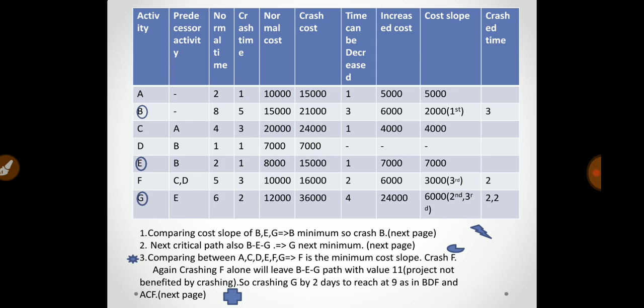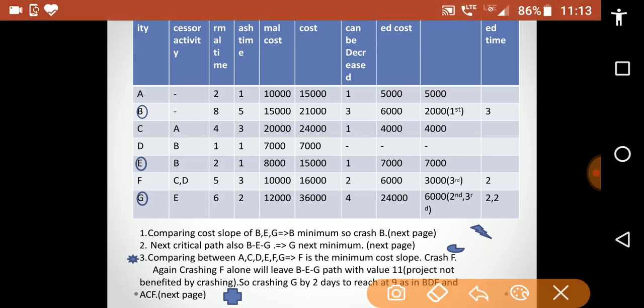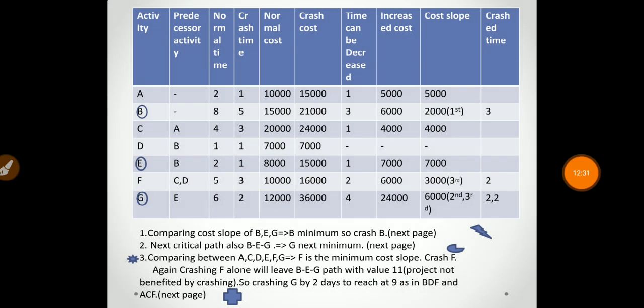For activity A, normal time is 2, crash time is 1, normal cost is 10,000, crash cost is 15,000 and time can be decreased by 1. Increased cost is 5,000, cost slope is 5,000.